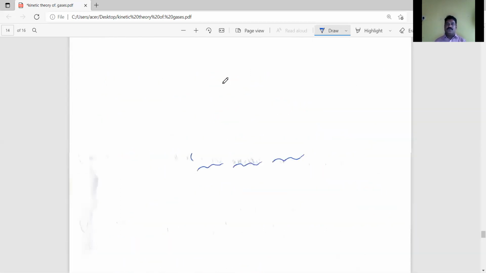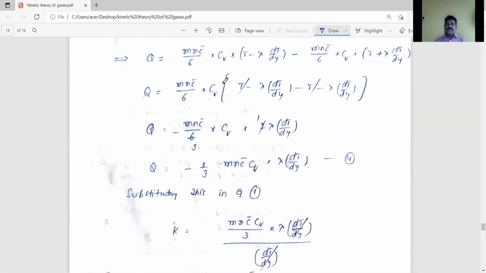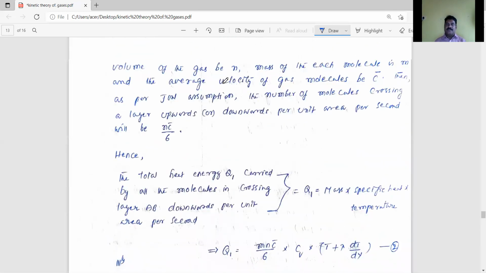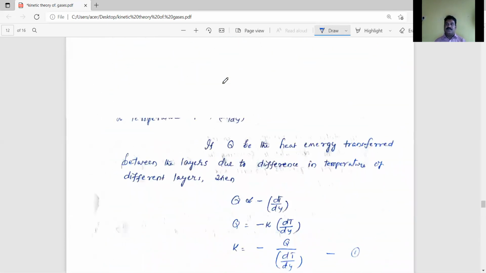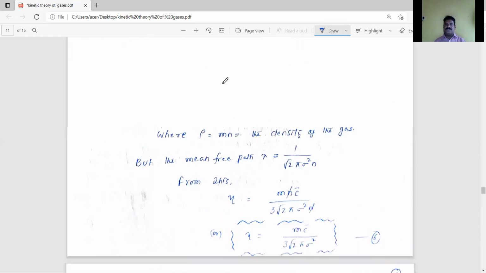So now at first we are going to derive the equation for coefficient of viscosity.